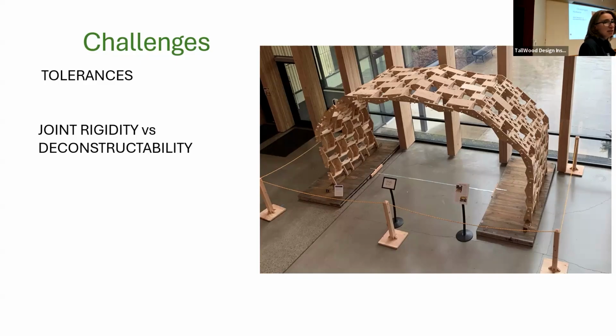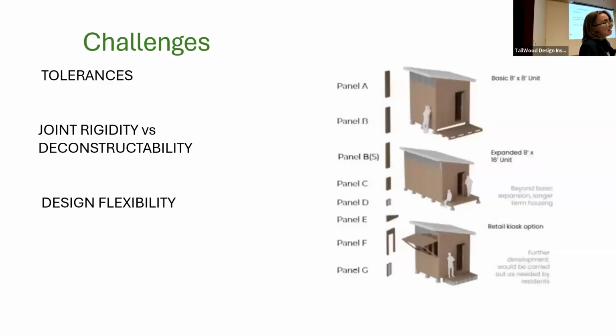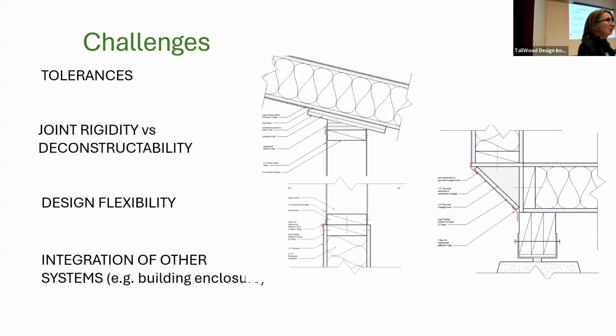If you look carefully, you see that the central parts of the arch sag after we remove the temporary supports. Also allowing for design flexibility while keeping the system with a relatively limited number of pieces. And finally, the integration of the structural system with the building enclosure.